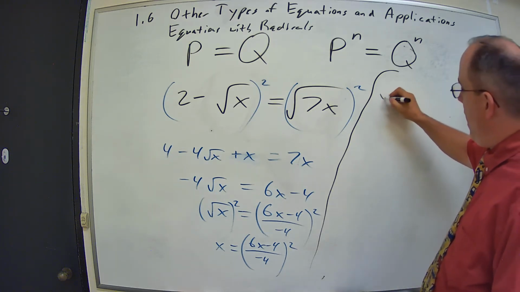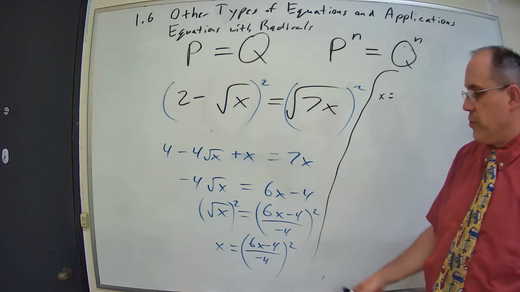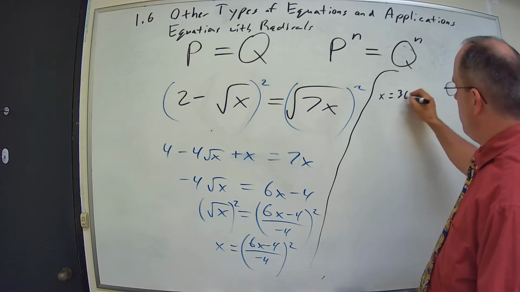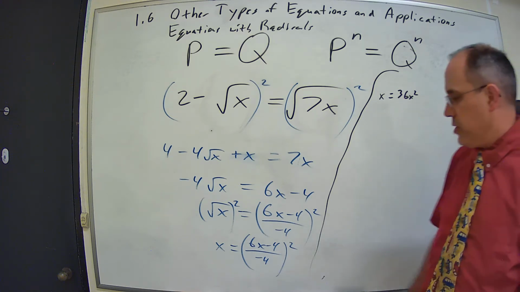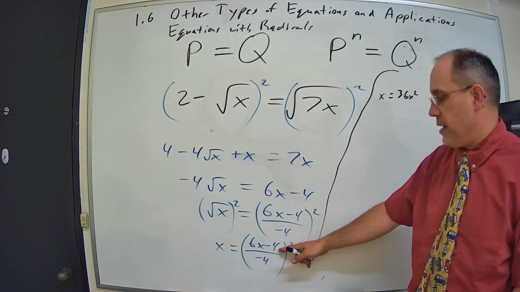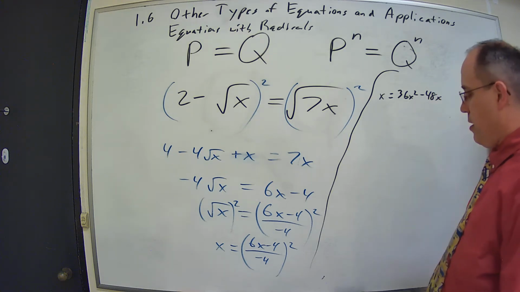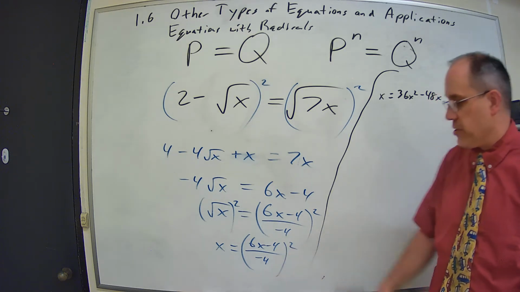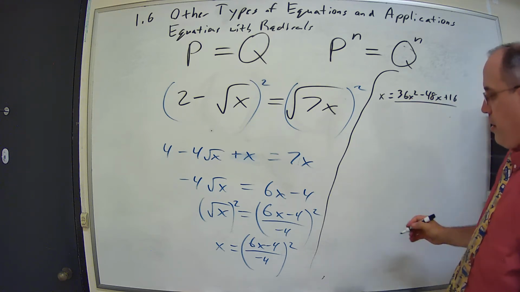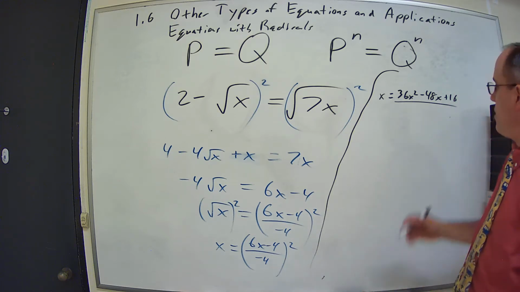So we have x is equal to 6x minus 4 squared, that's the square of the first term, 36x squared, 2 times the product of these, so the product is negative 24x, so negative 48x, and then plus the square of the last term, plus 16, all over negative 4 squared, which is positive 16.